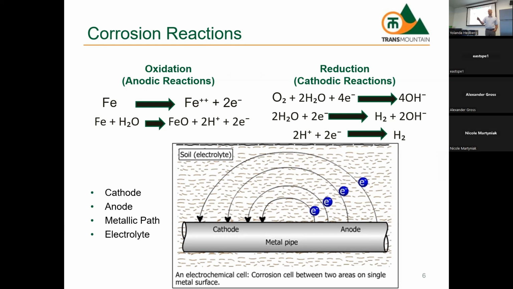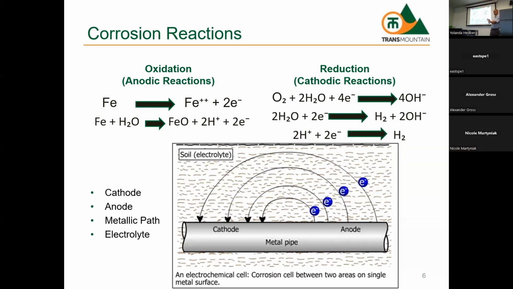The metallic path is the connection between the anodic site and the cathodic site, which is the structure itself, which is the metal. Unless we're talking about galvanic, where we have two different metals touching, then the metallic path is the contact between the two metals, which could be isolated or insulated. So to combat corrosion, we have to remove one of these four.